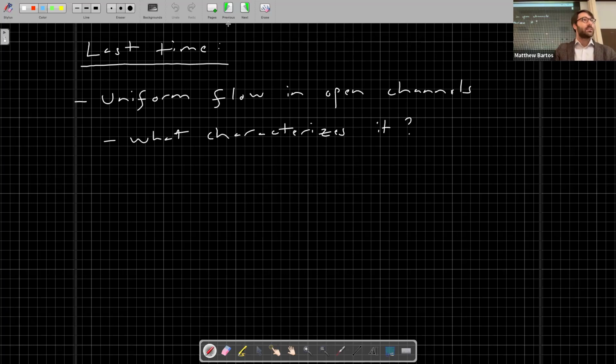The water depth is the same. So the first condition that characterizes uniform flow, and probably the definition that you'll see most commonly, is that uniform flow is the case where the depth and velocity of flow do not vary over the length of the channel.